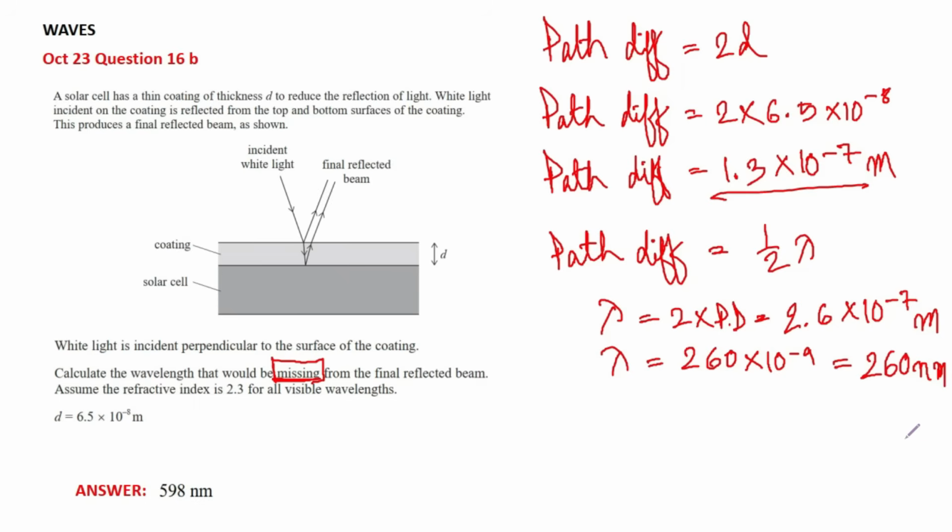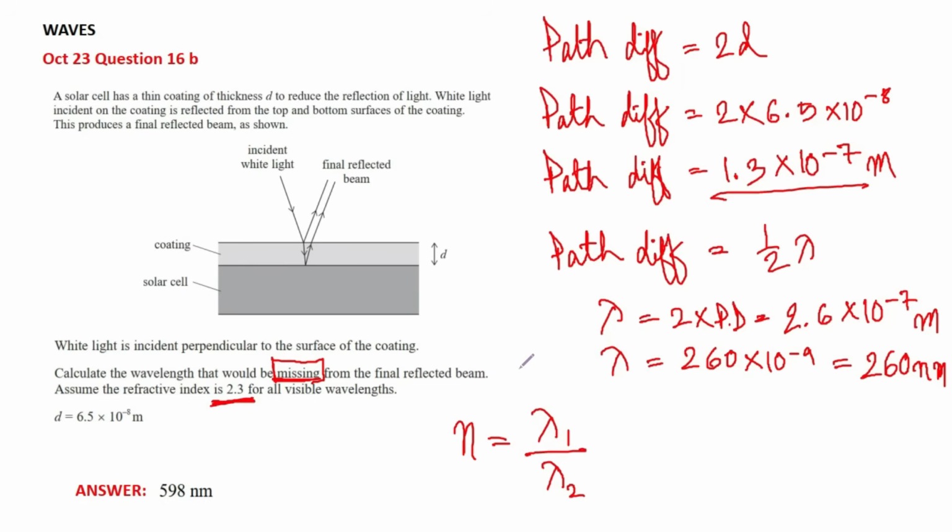Unfortunately, no. We're not done. You have to incorporate this with the refractive index. Light is coming here and getting refracted, so you know the equation for refractive index. Refractive index is wavelength in the first medium divided by wavelength in the second medium.